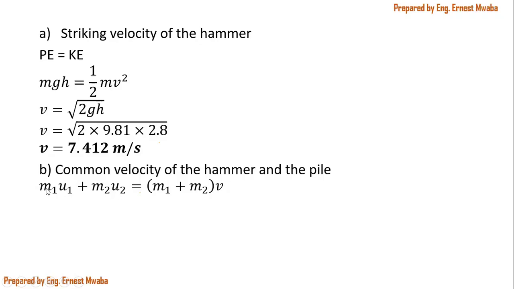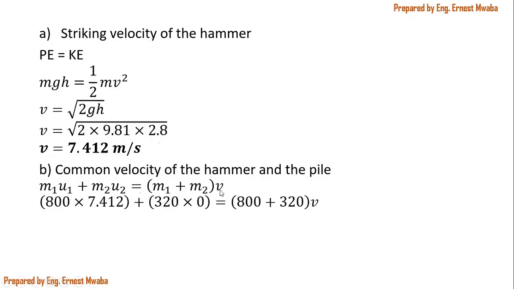So mass of number 1, the hammer, times the initial velocity of number 1, plus mass of number 2, the pile, times the initial velocity of number 2. Then we add the masses here. This v is the one we want, which is the common velocity. So we need to find what it is by substituting.